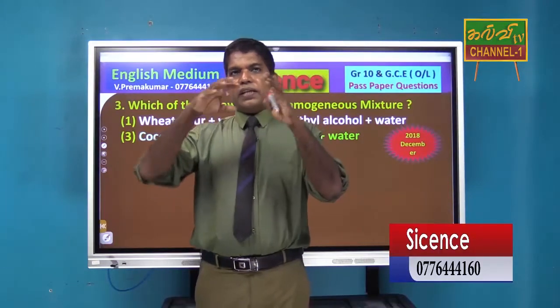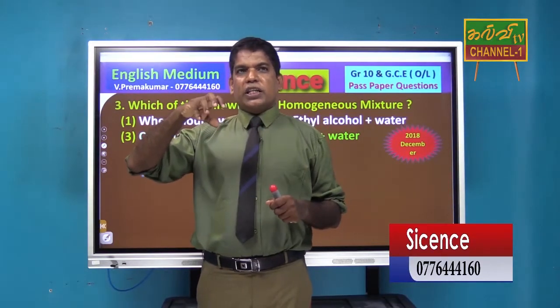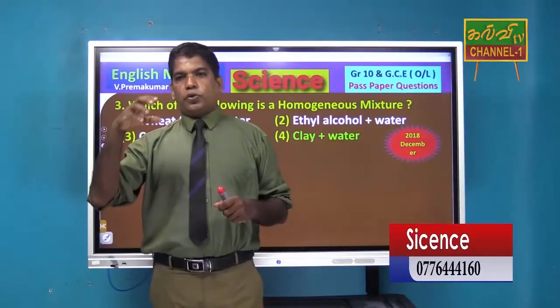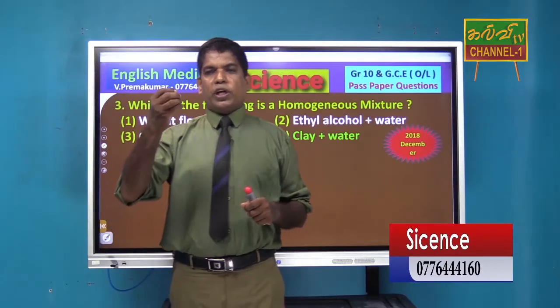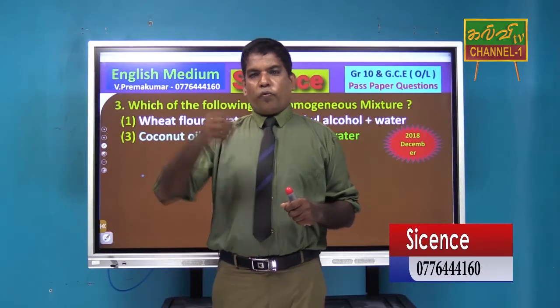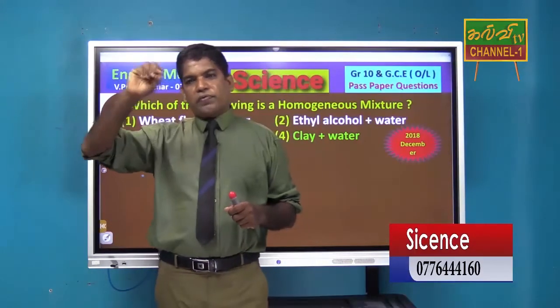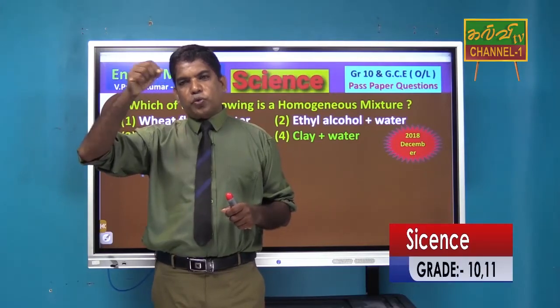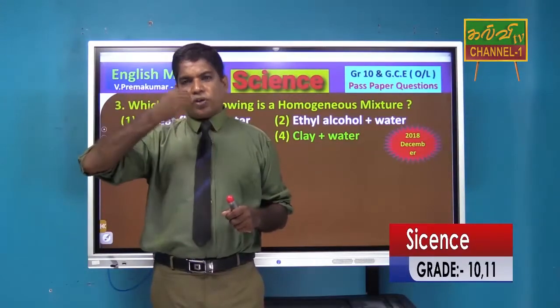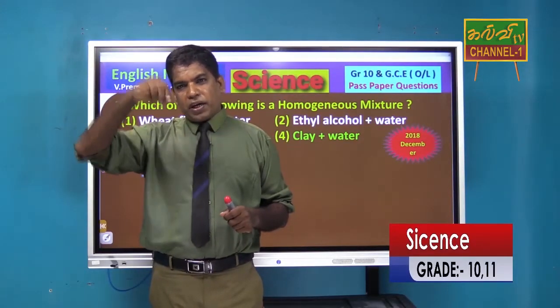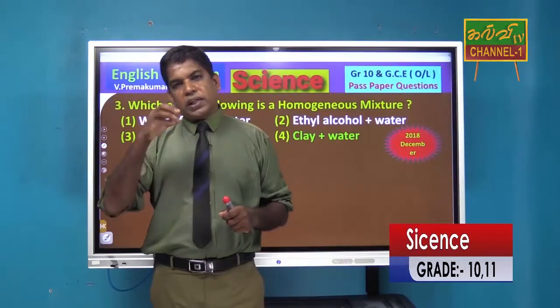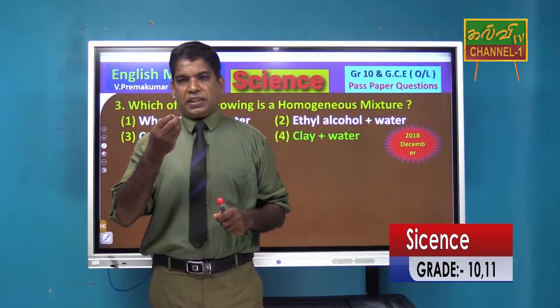We can say sugar solution, sugar with water, is a homogeneous mixture. When you take from the surface of the sugar solution, it has the same taste, and if you take from the deep part of the sugar solution, that also gives the same taste.